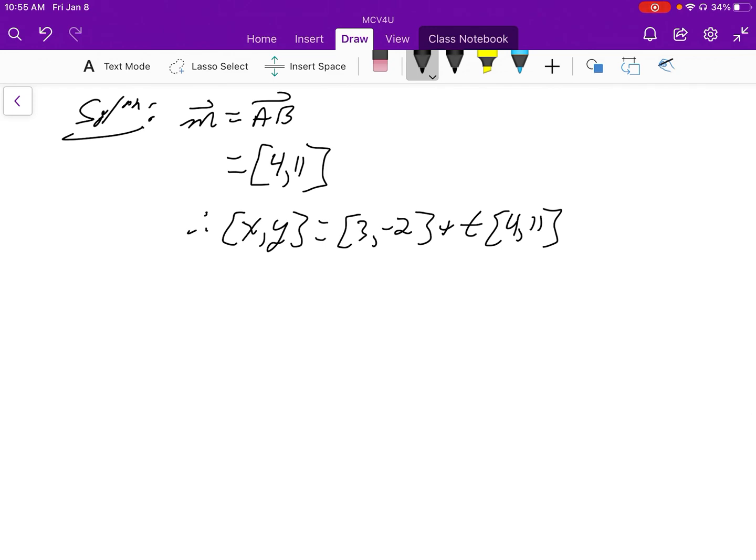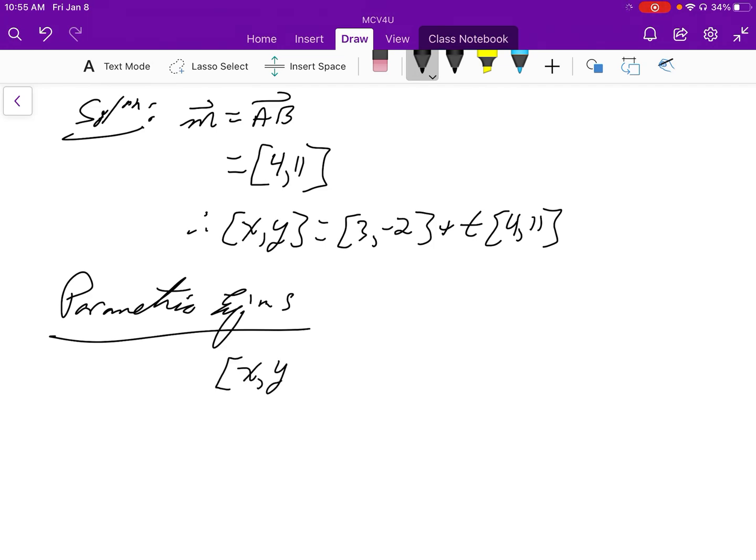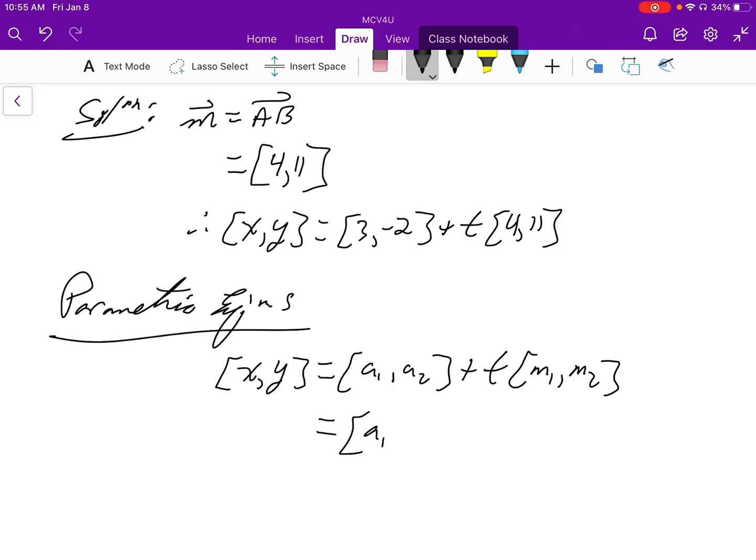And the first one is the parametric equations. All right. The parametric equations come from the vector equation. So if we start off with the vector equation, okay, [a1, a2] plus t [m1, m2], what we do is we say, okay, well, the x and y vector is [a1 plus t m1, a2 plus t m2], right?